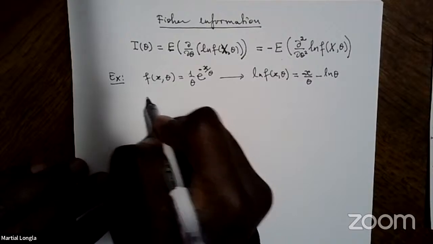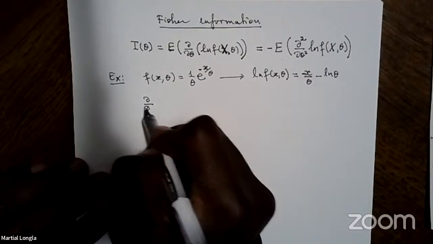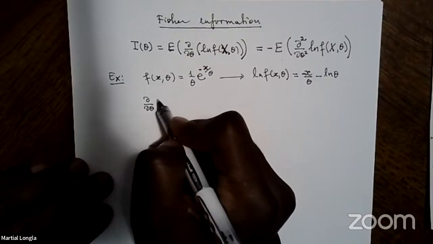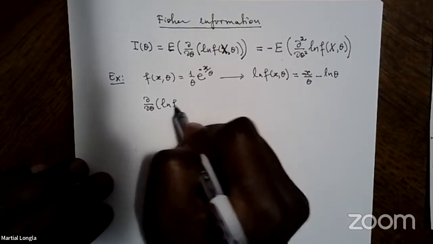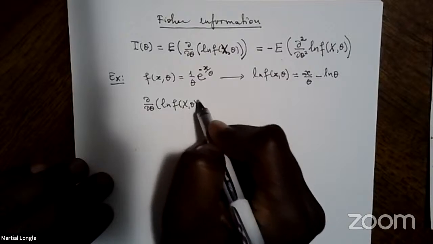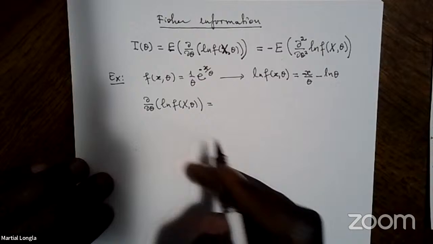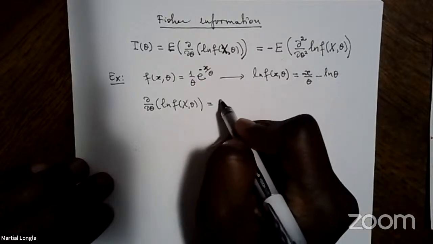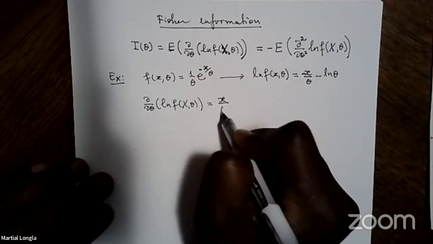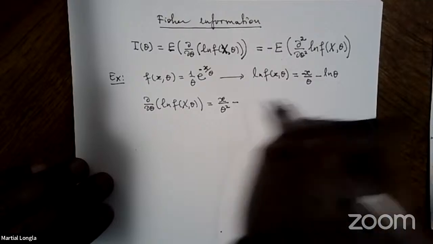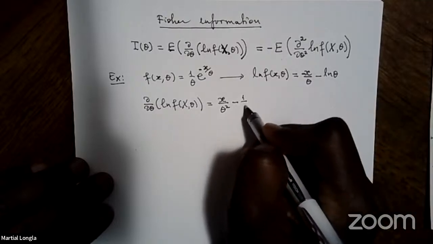And so d over d theta of natural log of f of x, theta is the derivative of this with respect to theta. So that is equal to x over theta squared. And the derivative here is minus 1 over theta.